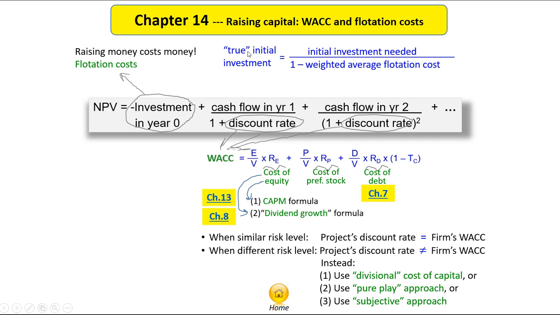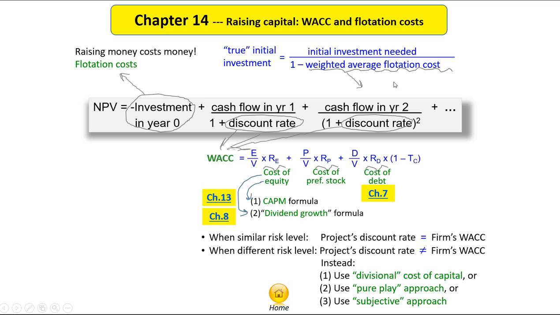And so the true initial investment should equal how much we need divided by 1 minus the weighted average flotation cost. That will give us a little bit more than what we need for the project, but it will give us the correct initial investment for year 0.